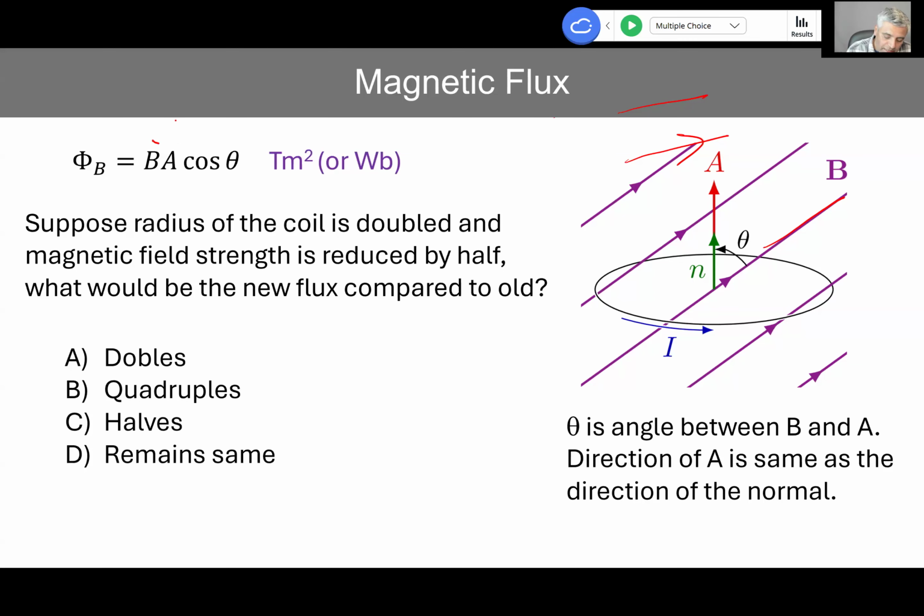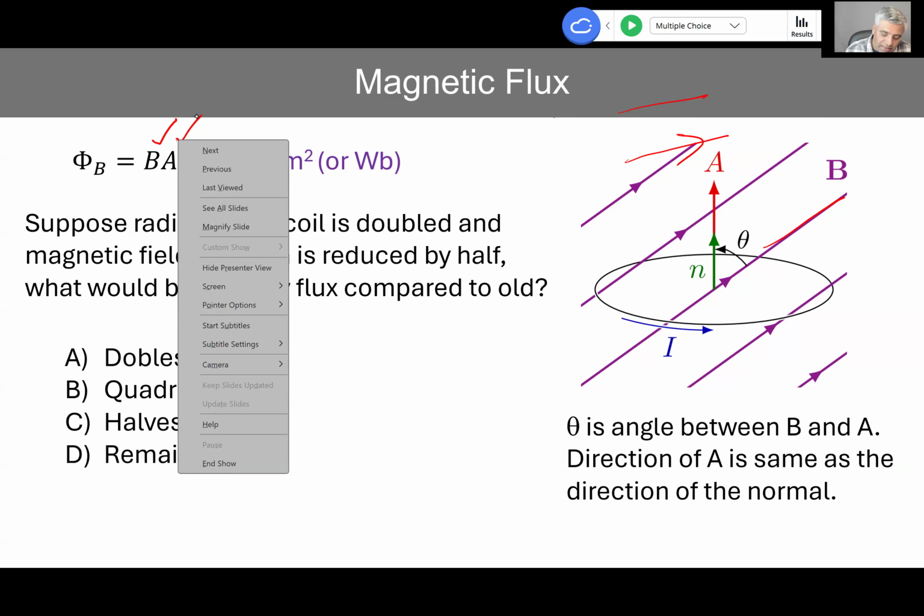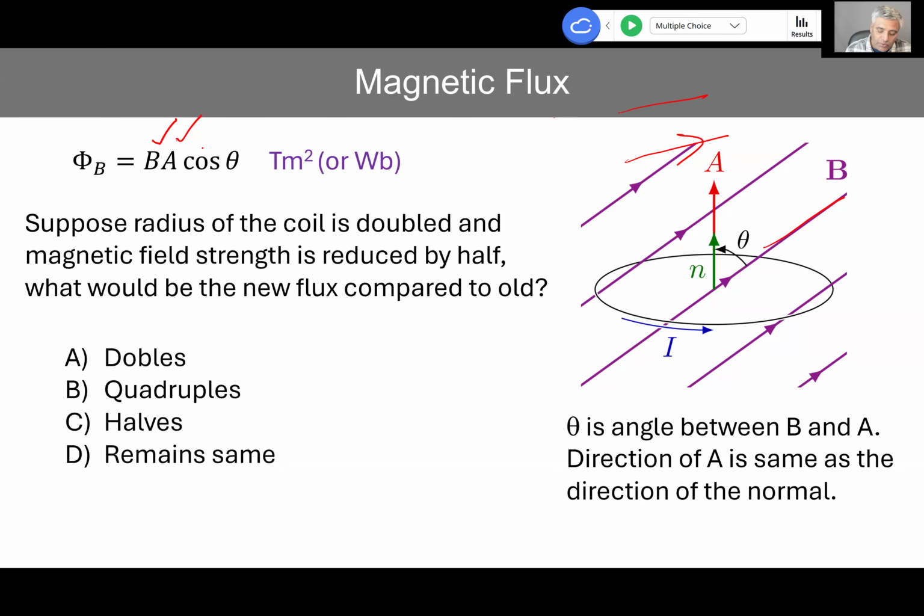So the flux is the product of the magnetic field strength, the area, and the cosine of the angle between them. So far for the force we had sine, but for the flux we have cosine in the equation. And what is theta here? Theta is the angle between A and B, where A is area.